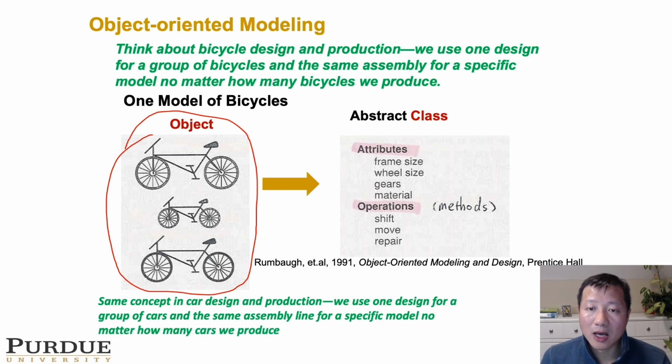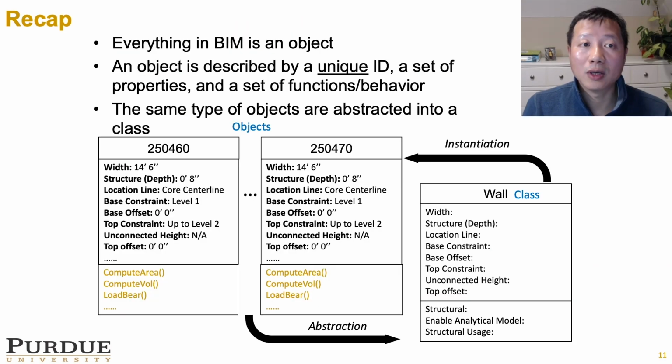So this same concept applies to car production, I mean in car design and production, right? We use one design for a group of cars and the same assembly line for a specific model, no matter how many cars we would like to produce. So just to do a recap before we move on, everything in BIM is an object, and we use object-oriented modeling to complete the modeling process in BIM.